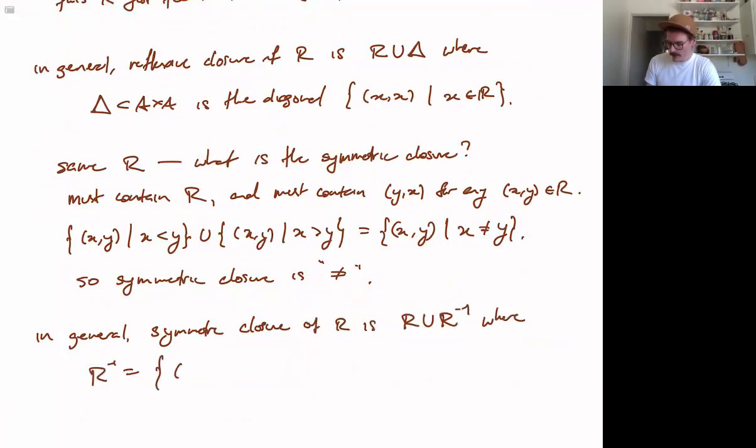So it is pairs y comma x such that x comma y is in R. So to get the symmetric closure, you just take the swap of each of the elements and throw it in.